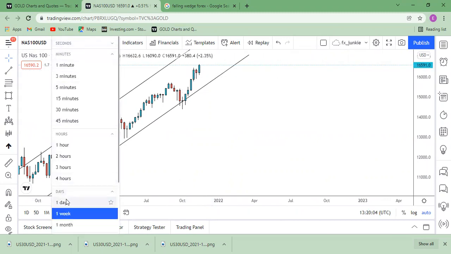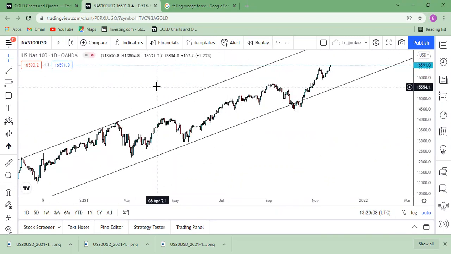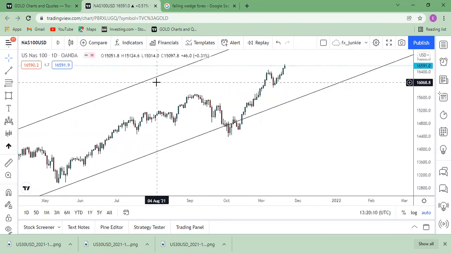I'm gonna move straight to daily and just try to see exactly if we did retest this level. Seems like we did, but it's not clear to me.